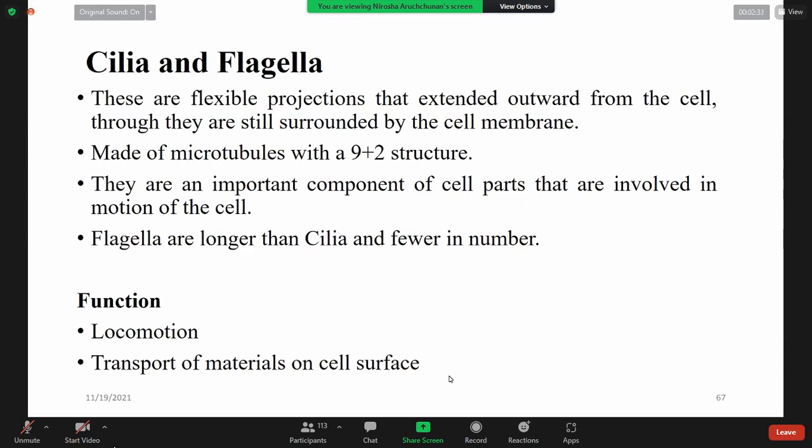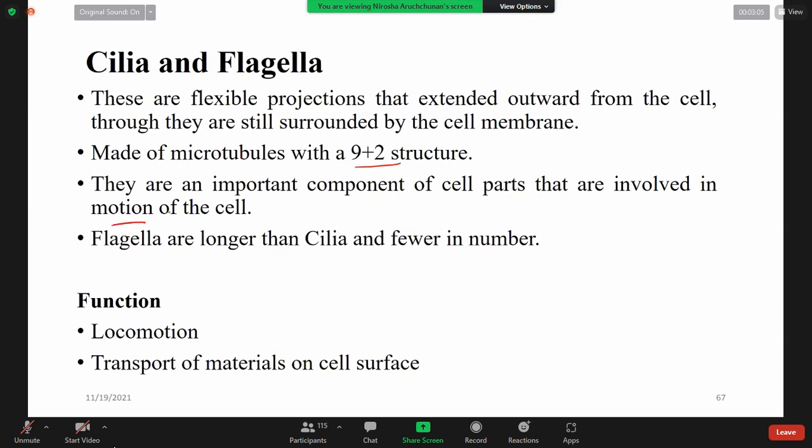And next one is cilia and flagella. These are flexible projections that extend outward from the cell, though they are still surrounded by the cell membrane, right? They are made up of microtubules with a 9+2 structure, and they are an important component of cell parts that are involved in motion of the cell.